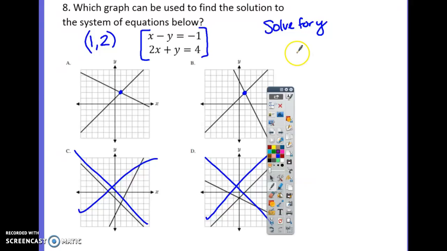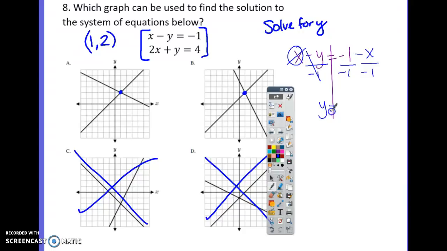So if I solve for y, x minus y equals -1. What do you move? The x, change the sign, minus x, and then divide everything by -1. You have to get rid of that -1 right there.